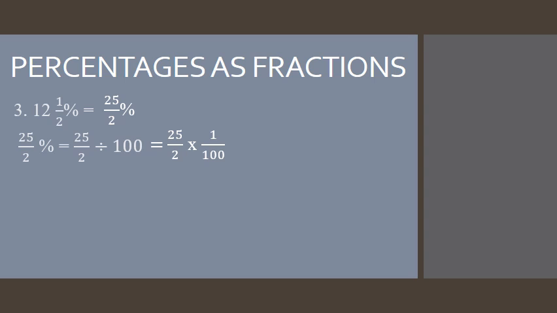Now children, we can divide 25 in the numerator and 100 in the denominator by the common number 25. So 25 divided by 25 is equal to 1 in the numerator and 100 divided by 25 is equal to 4 in the denominator. So what is left? 1 upon 8 is our answer. Clear children?